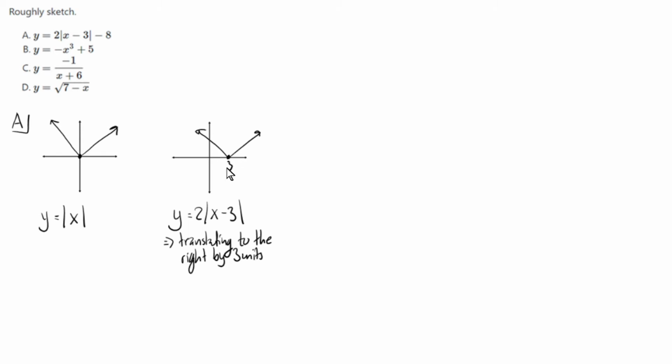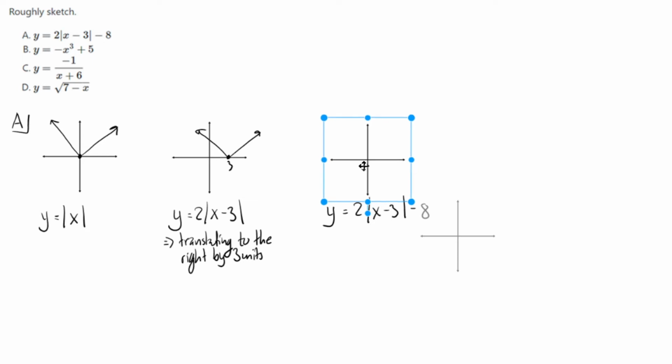And then finally we are subtracting 8, so 2 times the absolute value of x minus 3, minus 8. So that means that we are now translating 8 units down.